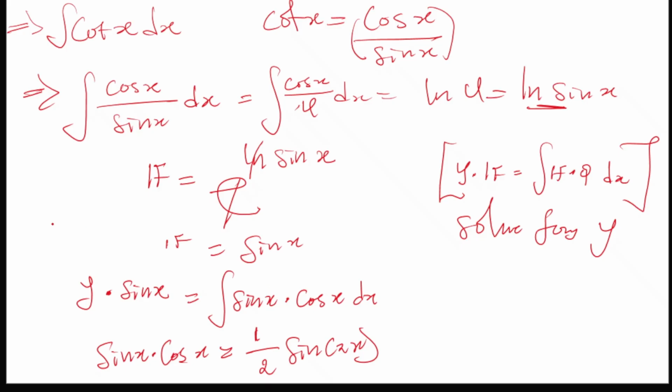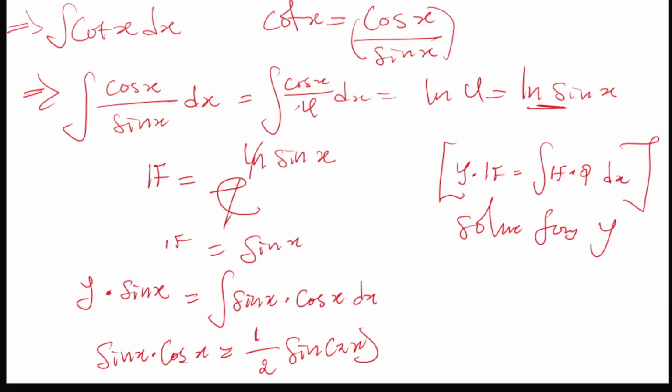Are we together? Now, if we have that, your new equation will simply be y sine x on the left hand side, and this will be equal to integral of 1 over 2 sine 2x dx. So in this case, we are not using sine x cos x, but we are using the trig identity for sine x cos x. Are we together?